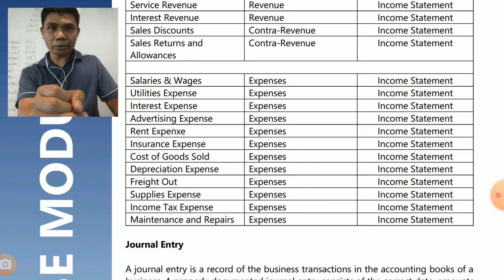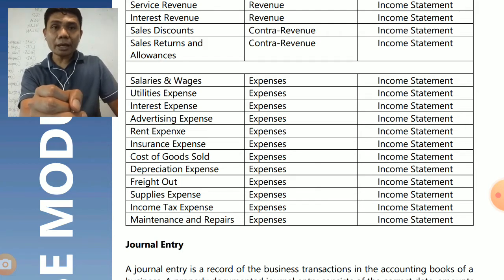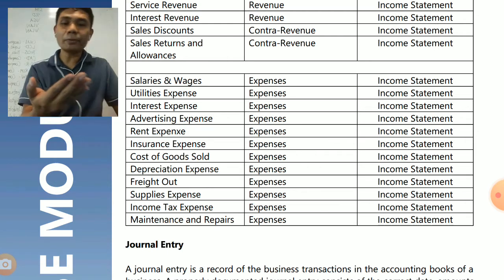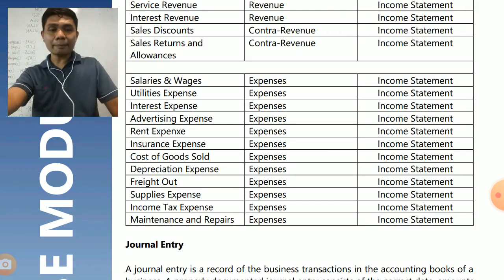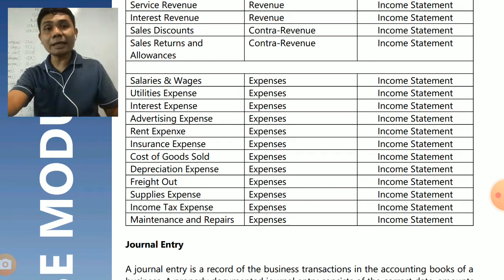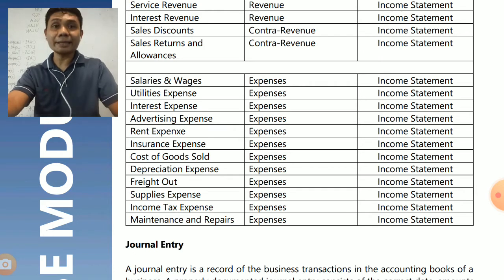Cost of goods sold. Unsa man ni siya? Mao ni ang cost sa goods nga imong gibaligya. For example, ang imong business is buy and sell. Namaligya ka og tinapa. Ang imong tinapa gipalit nimo og 5. Gibaligya nimo siya og 7. So imong ginansya is 2. Katong 5 nga cost niya pagpalit nimo, mao to siya ang cost of goods sold kung mahalin siya.